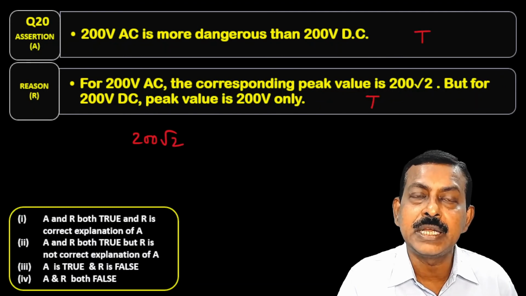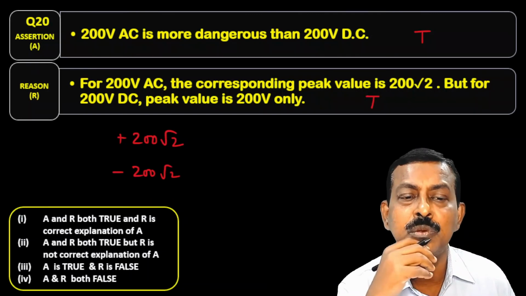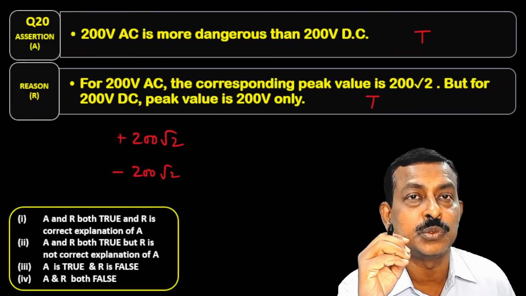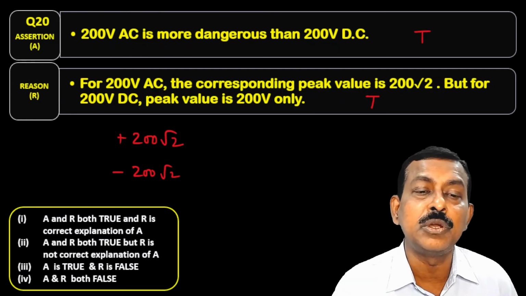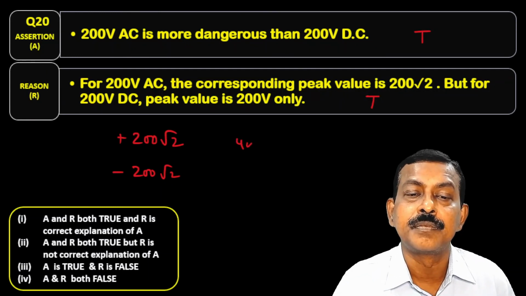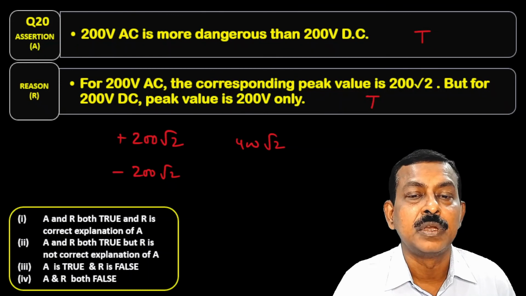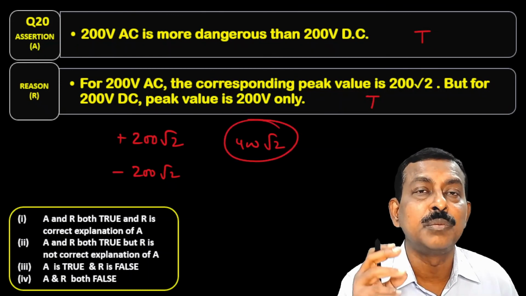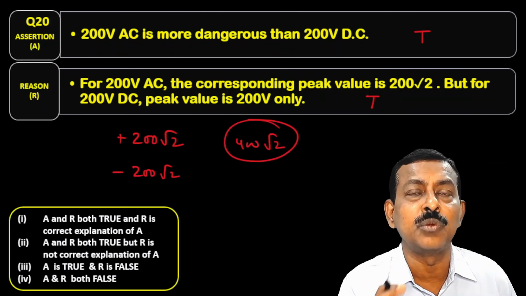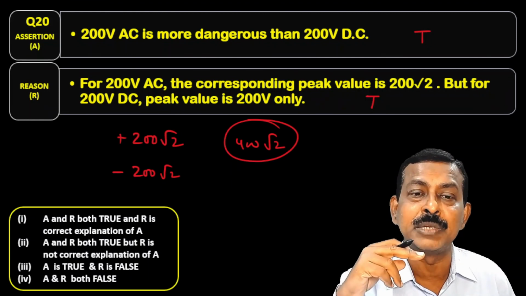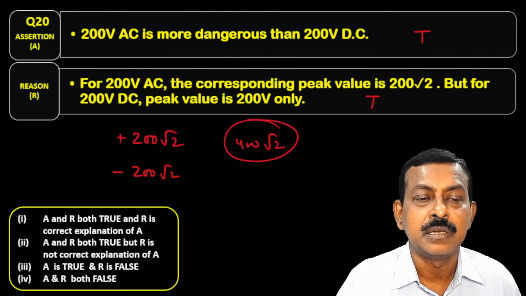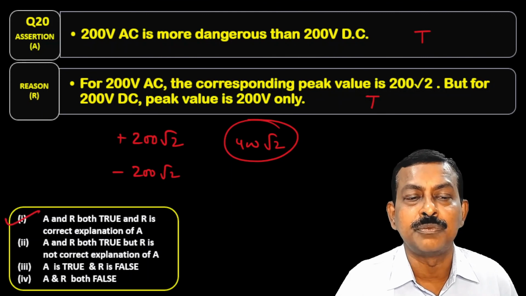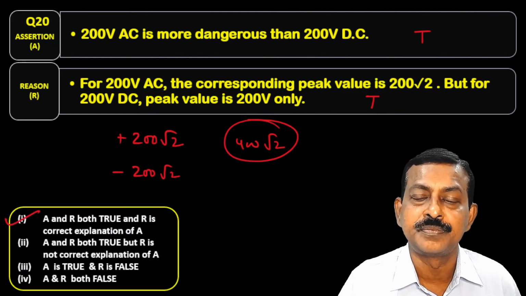So in one half it will be plus 200 root 2, and in the next half it will be minus 200 root 2. It means the voltage fluctuation will be of 400 root 2 value. So obviously this will be more dangerous. Not only the peak value, but the voltage fluctuation which is happening is double. So that is why it is more dangerous. So the first one is the correct option.